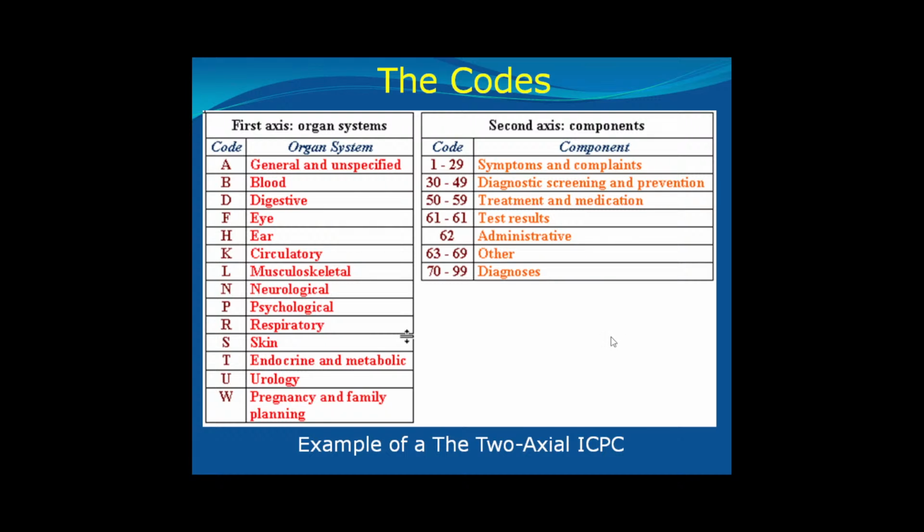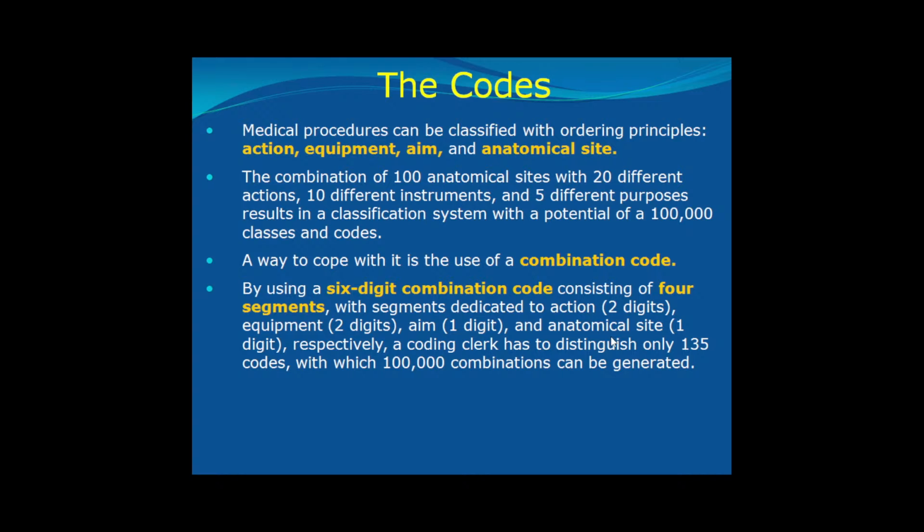Medical procedures can be classified with ordering principles: action, equipment, aim, and anatomical site. The combination of 100 anatomical sites with 20 different actions, 10 different instruments, and 5 different purposes results in a classification system with a potential of 100,000 classes and codes.